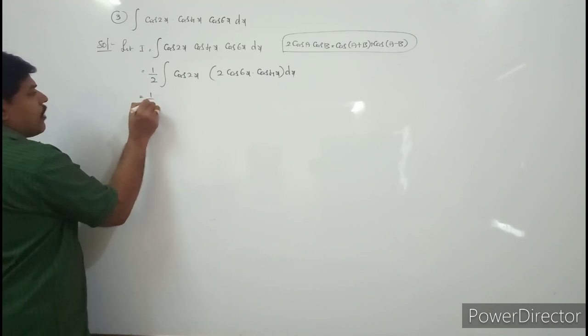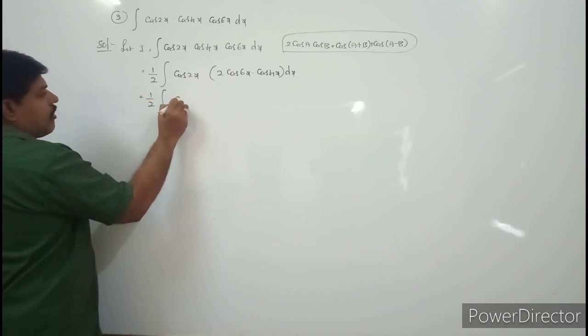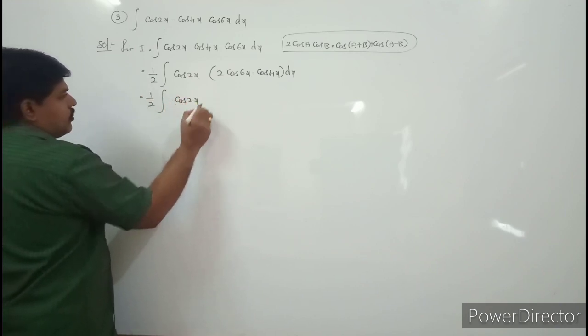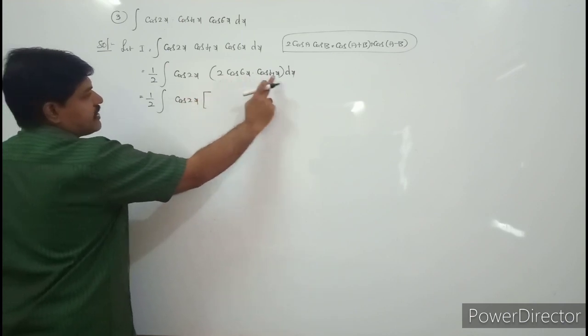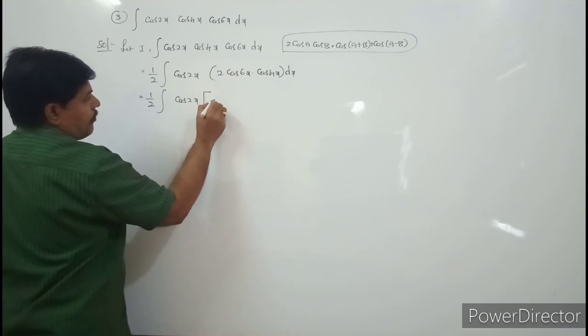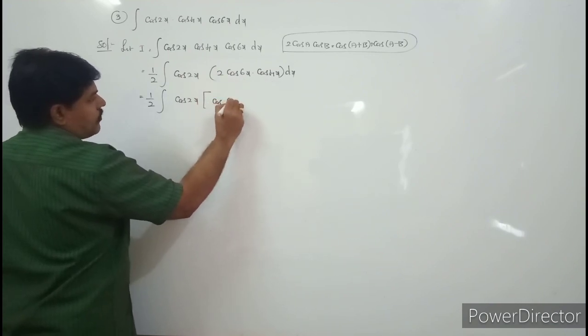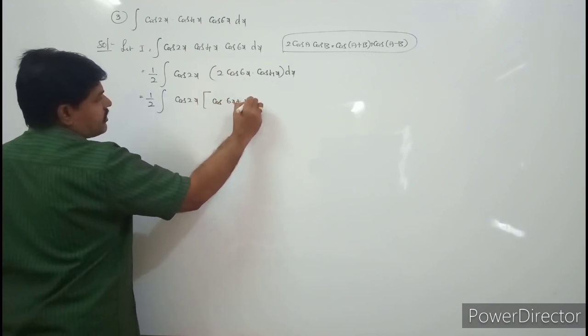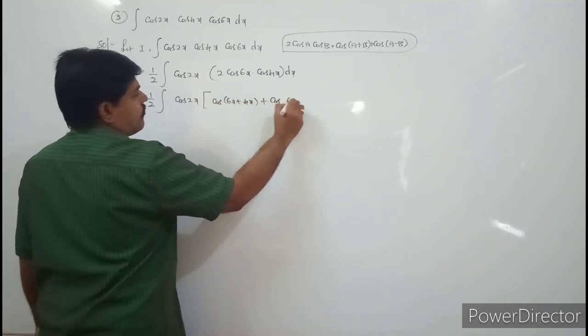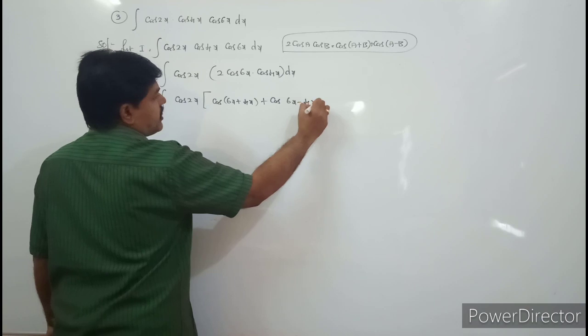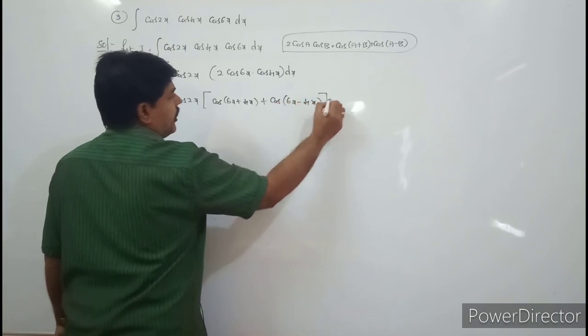What happens? 1 by 2 into the integral of cos 2x into 2 cos A cos B, where A is 6x and B is 4x. So cos of 6x plus 4x plus cos of 6x minus 4x into dx.